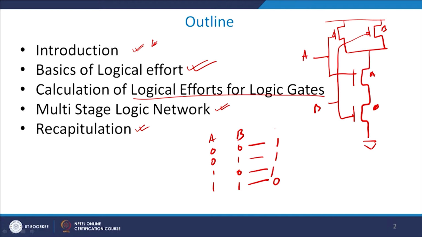So, this is your NAND gate approximation. So, A dot B bar, right.